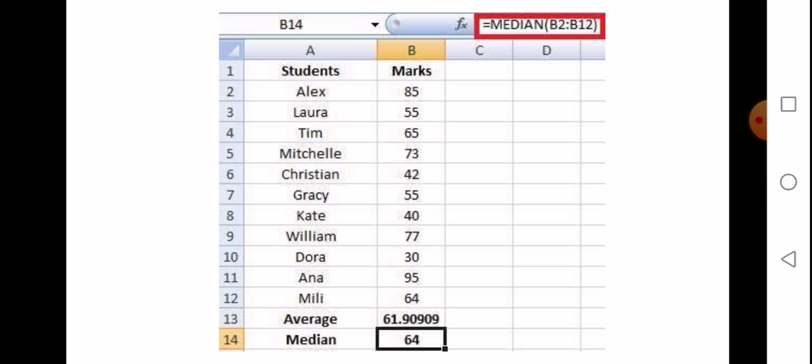So we take the same example as shown in the slide to find the median of marks obtained by students. So we use the formula equal sign median and B2 up to B12. So we have a median of 64.